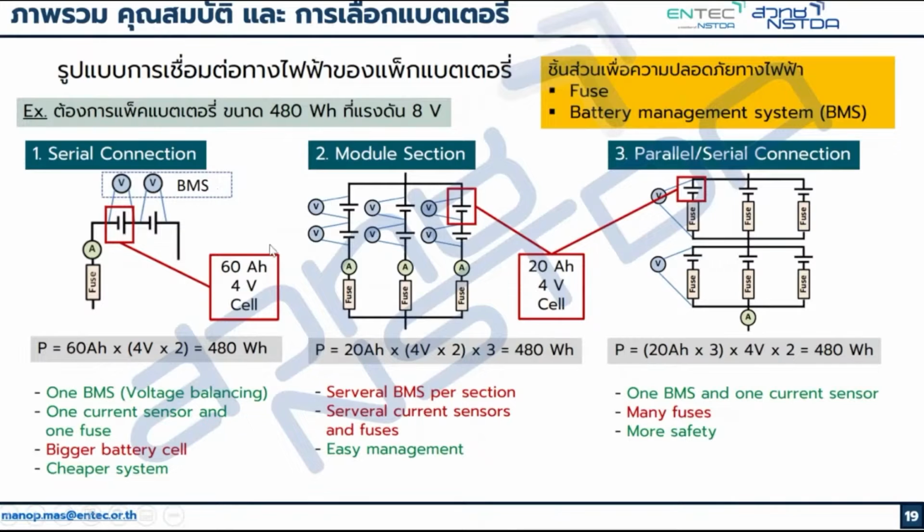The pros: it's cheap, but this is the con. If any of the grid dies, it doesn't function. But it's the safest, and it's used for the big vehicles only.